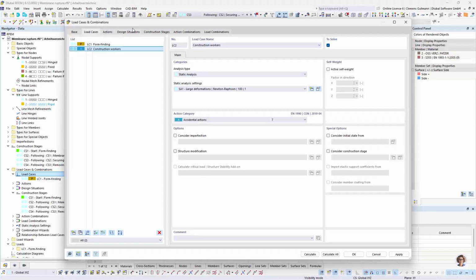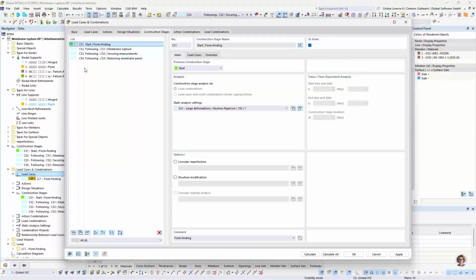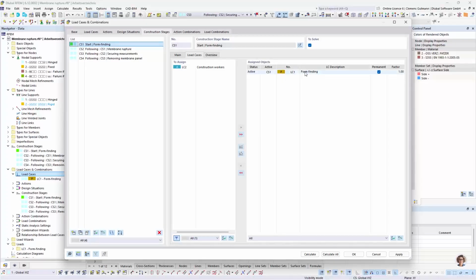And well, this could then be fed into the combination. So in the construction stages, we have the form finding, then we have the rupture, so there are no additional loads. But here in these two stages, we could add these construction workers.